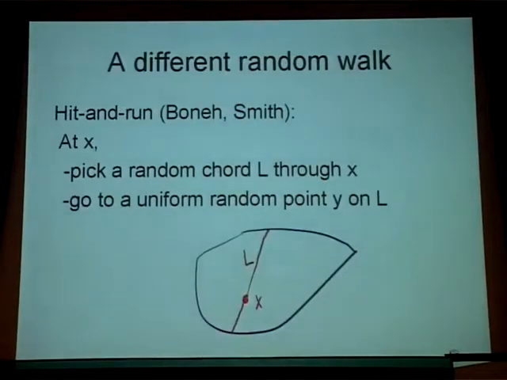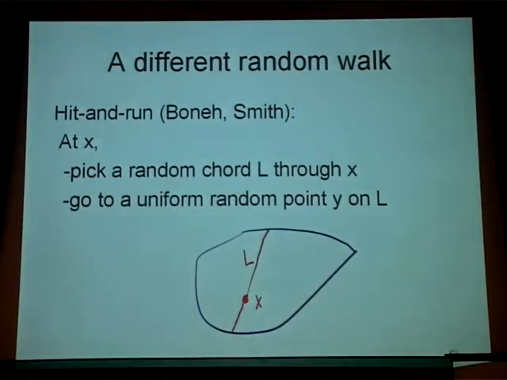That's one walk. Another one, defined by Bonnet and Smith, was at a point x, you pick a random direction through the current point, so a random line. Consider the chord induced by that line, and on that chord, pick a random point. So you spin around, look in a direction, and then go to a random point in that direction.